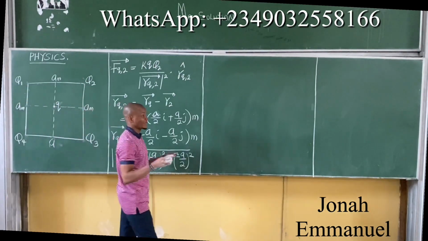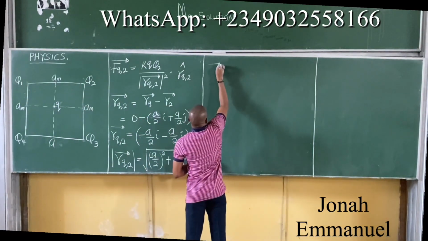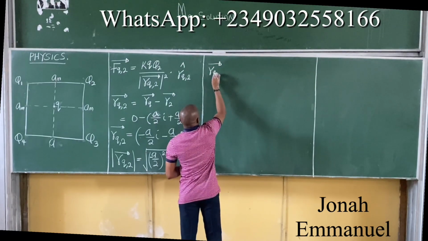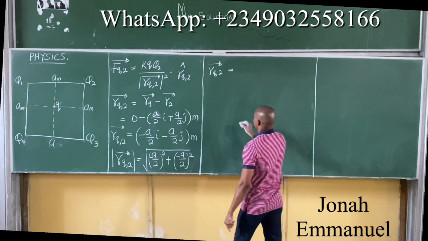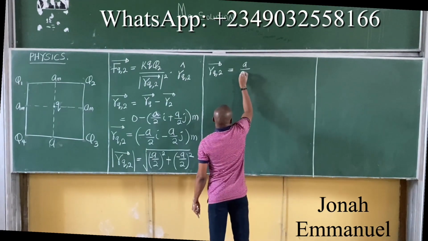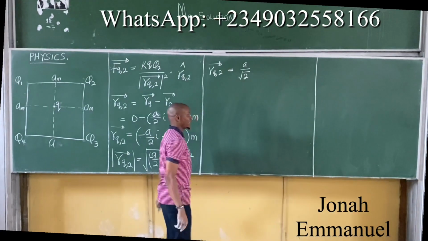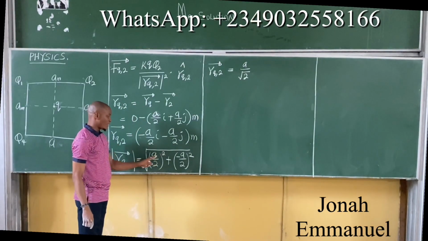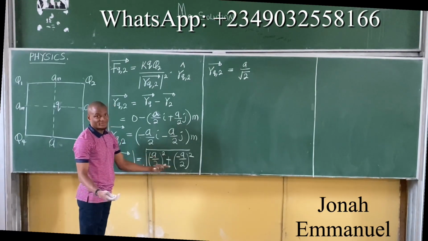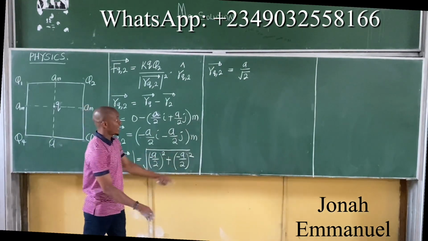So let's save ourselves the stress. That means rq2, please, for that one, what was the answer? A over 2. You have the same answer. Do the analysis. This will now give you a squared. So this square will cancel the minus. It will now be a squared over 4, a squared over 4, same thing. So let's pass the stress. So I have this one here.